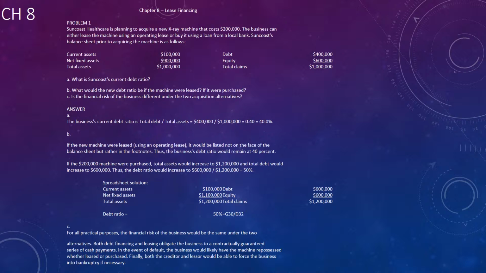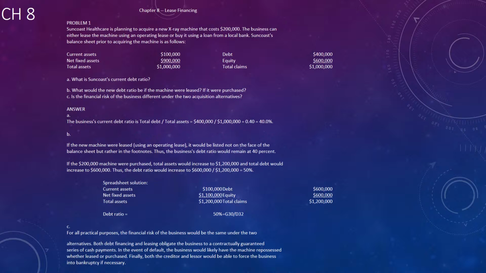So, first and foremost, the current debt ratio is total debt over total assets. Total debt, $400,000. Total assets, $1 million. So their actual debt ratio is 40%. Pretty simple. If the new machine were leased using an operating lease, it would be listed not on the face of the balance sheet, but in the footnotes.